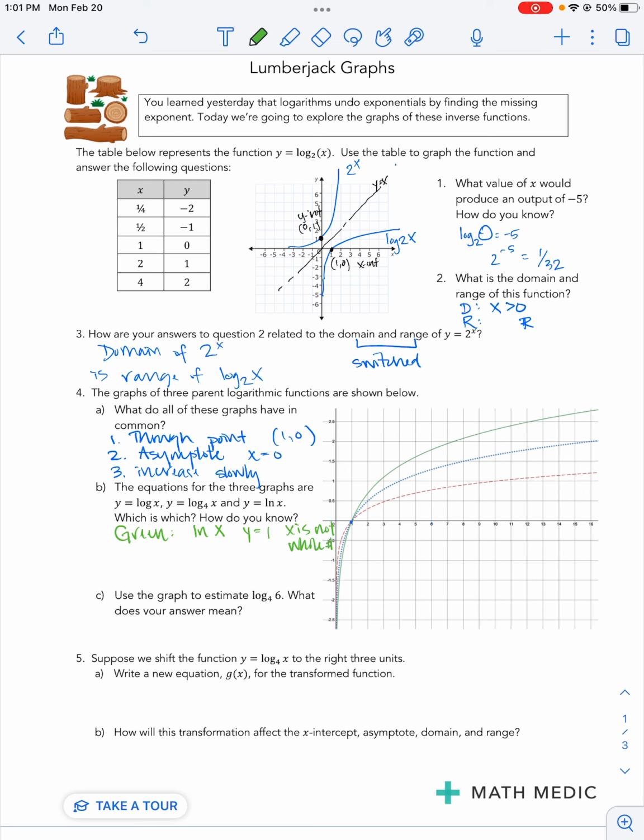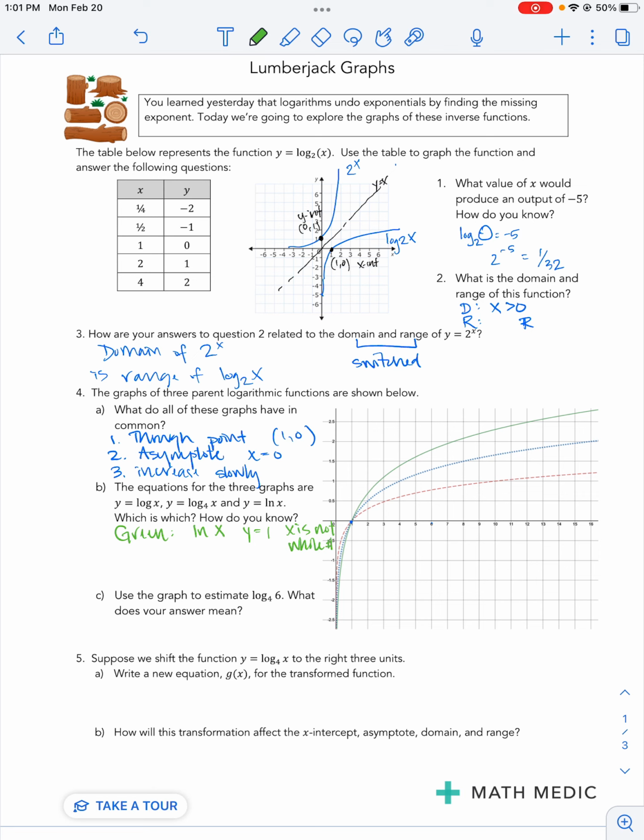Remember, I'm dealing with a base of e here, so when y equals 1, x is some irrational number, because in order to get e to something to equal 1, that something has to be an irrational number.